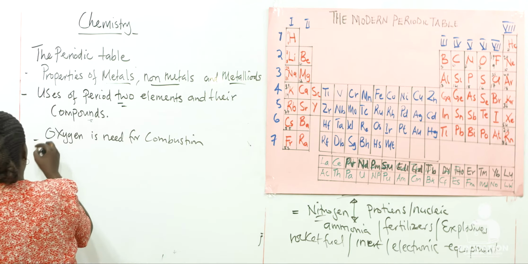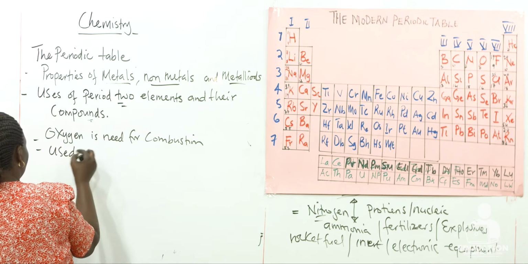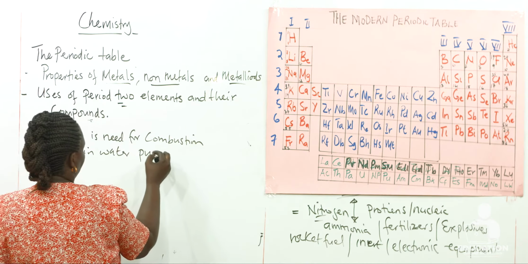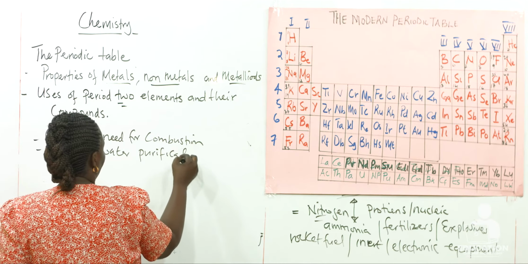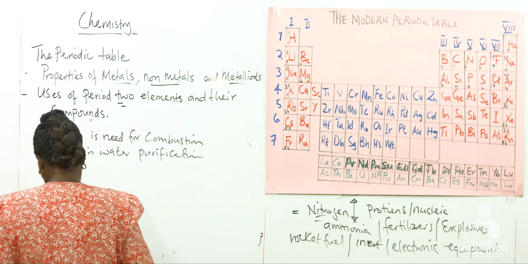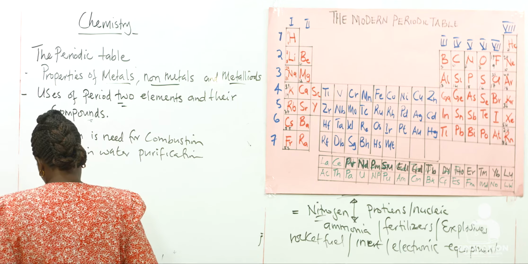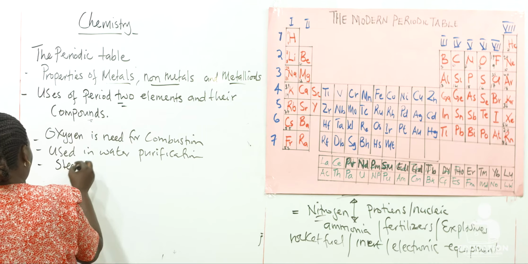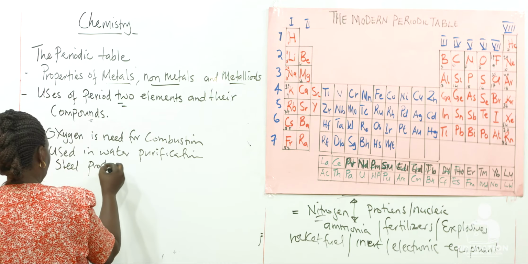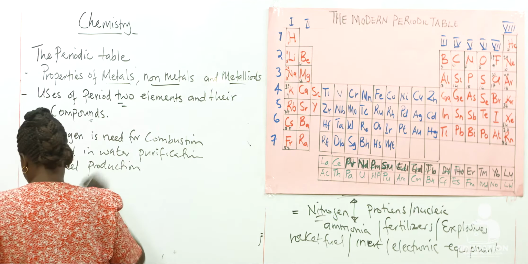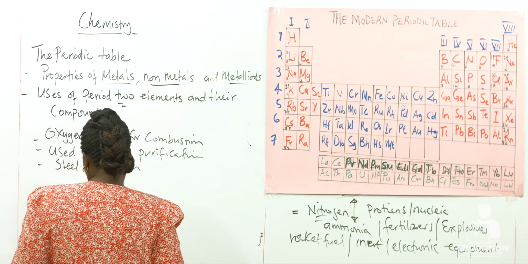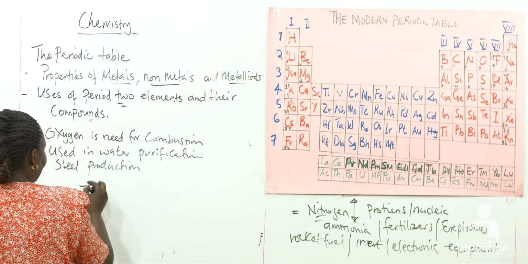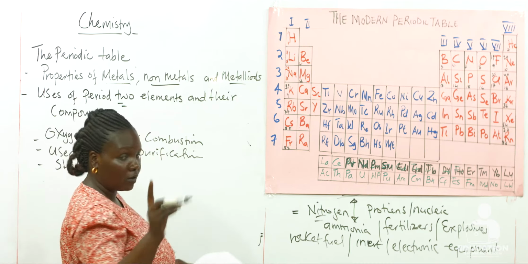It is used in water purification. And then it is also used in steel production. We know that water is a compound of hydrogen and oxygen.